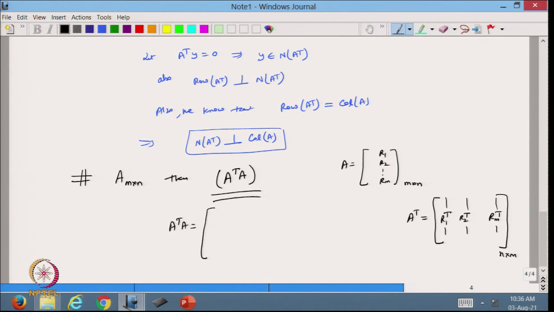So, from here if I want to write A transpose A, what we are doing is taking R1, R2, Rm, and this is R1, R2, Rm.